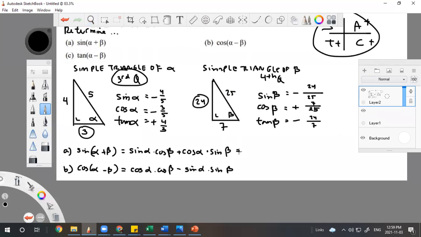Yuk. Sin A cos B berapa? Sin A -4/5. Oke, gue begini gini aja ya. Sin A -4/5. Cos B, cos B is 7/25. Enak gitu. Cos A berapa? -3/5. Sin B is -24/25.